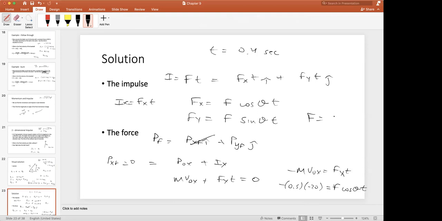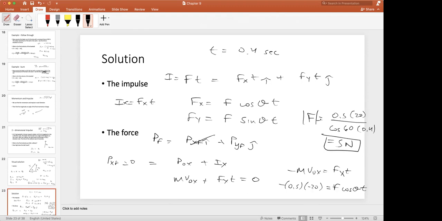F would be 10 divided by cosine of 60 times 0.4. Just take this and divide both sides by it. I get 10 divided by 0.4 times cosine of 60, which is a half. So this is 5 newtons. The magnitude of the force was only 5 newtons.